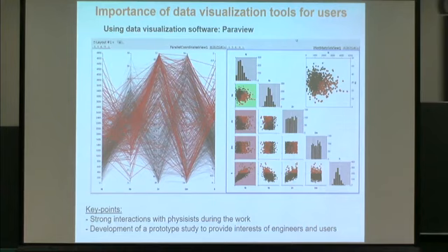This kind of tool is very useful for end users. When we show them this kind of thing, it creates a strong interaction with physicists, and we have succeeded in generating interest from engineers and users by using these tools.